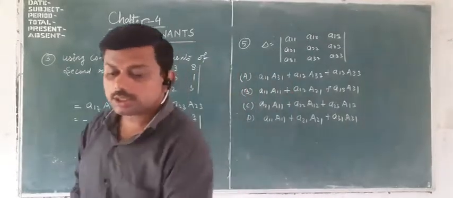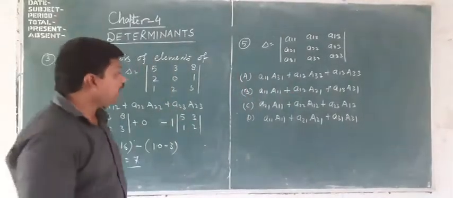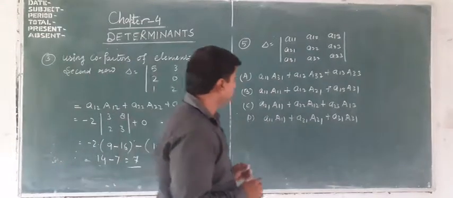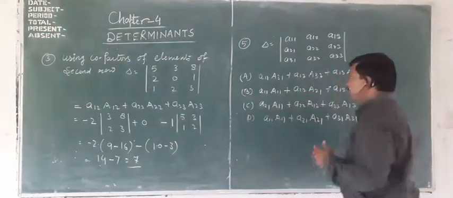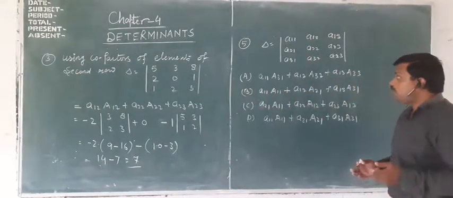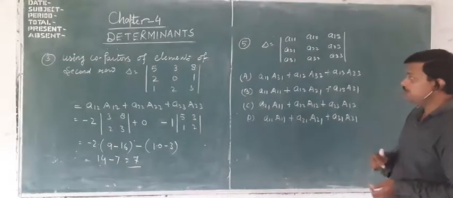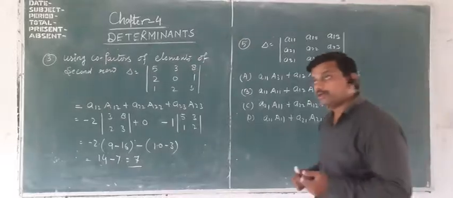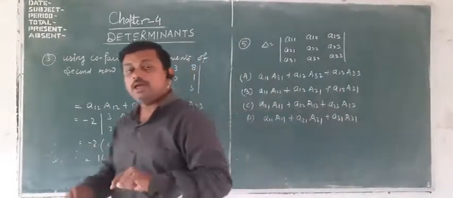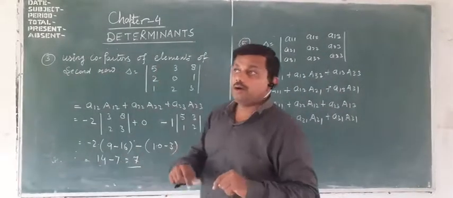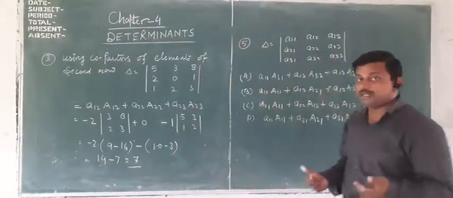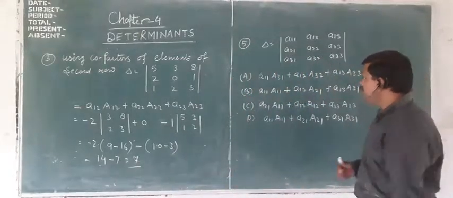आपको ये बताना है इसका कौन सा ऑप्शन करेक्ट है। अभी मैंने आपको 2 रूल बताए थे। Elements of any row or column are multiplied with the cofactors of the same elements gives the value of the determinant, but with the cofactors of any other row or column, then their sum gives 0.